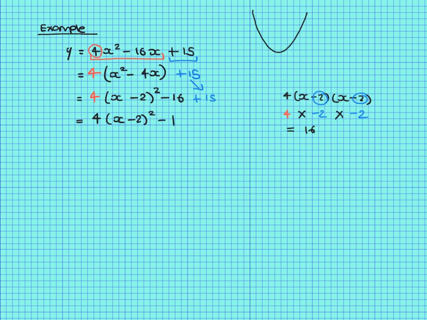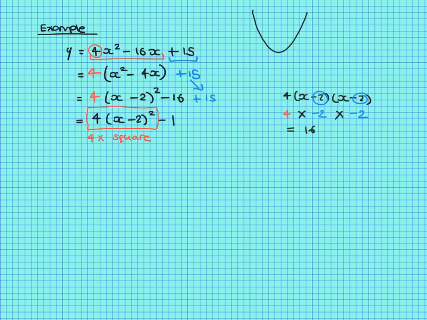Now let's work out the minimum value. I'm going to focus on this portion over here. Now it's really the part in brackets that I'm interested in because we've got 4 times a square number. Now remember, a square number can take as its lowest possible value 0, and multiplying by 4 doesn't really make any difference. The 4 is always there in the answer.